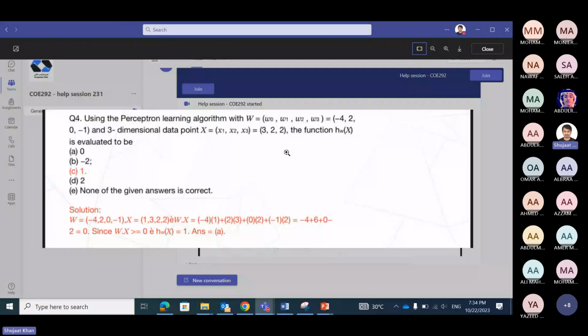So this question is very simple. I mean, there is actually a lot of clue in the answers as well. So first, you need to understand the question. The question is about perceptron learning, and in perceptron learning, unlike KNN, where you find the relationship with the help of neighborhood relationship, here you have a decision boundary defined by the weights.